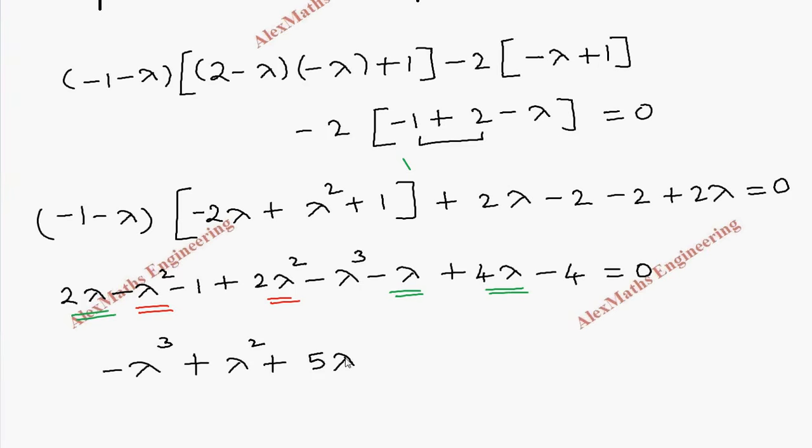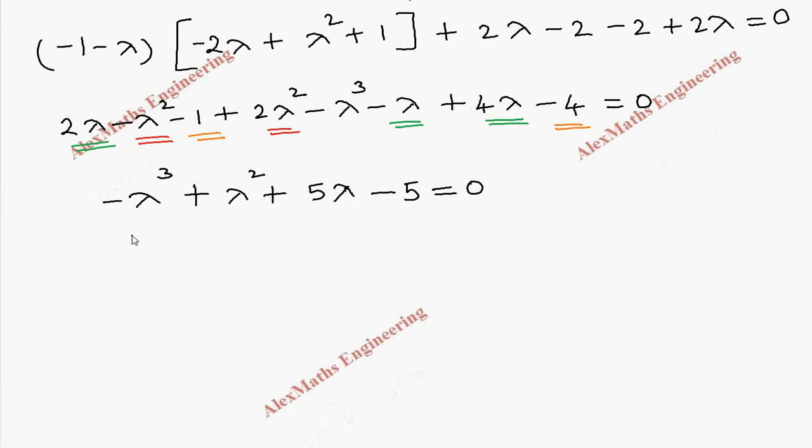Then the constants at the end, we have minus 1, then minus 4. Totally this is minus 5 equal to 0. Now let's change the sign throughout. So this is lambda cube minus lambda square minus 5 lambda plus 5 equal to 0.